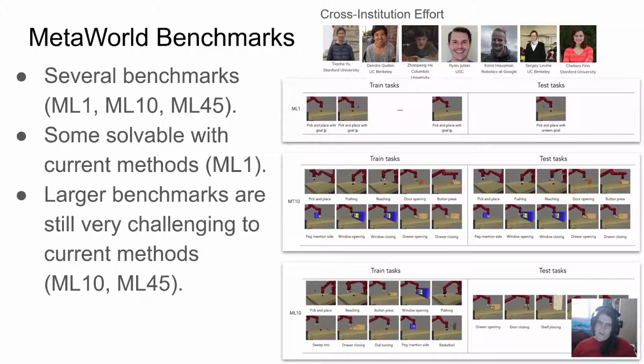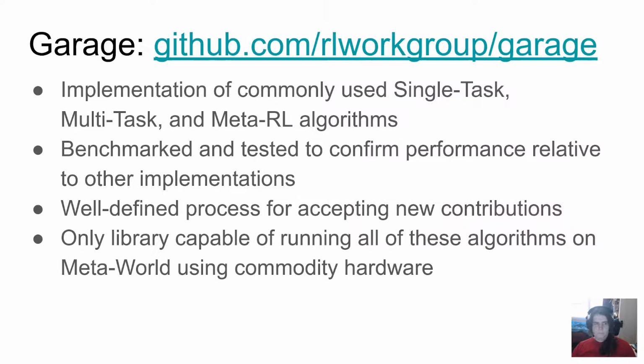And they come in approximately 3 different scales: ML1, that simply has parametric variation within a task; ML10 and MT10, which have 10 training tasks, and in the ML10 case, 5 test tasks; and the largest set that has all 50 tasks. In the multitask setting, all of them are together in one set. In the meta-learning setting, there's 45 training tasks and 5 test tasks. So that gives a sense of scale and notion of the kinematic variation we're working with here.